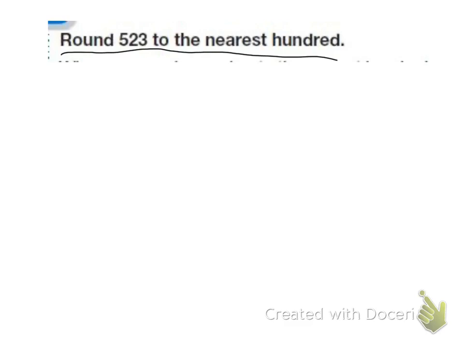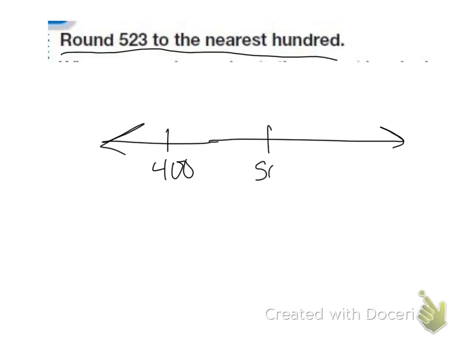So if I looked on a number line, and I had 400, 500, and 600. When I want to round to the nearest hundred, it's the hundreds place that I'm rounding, so that's the 5.